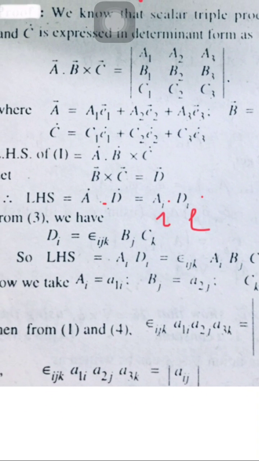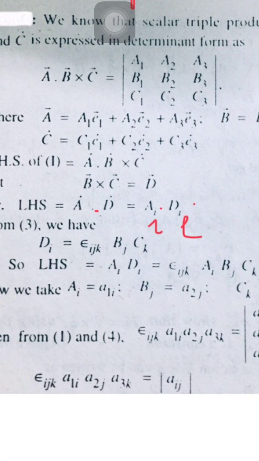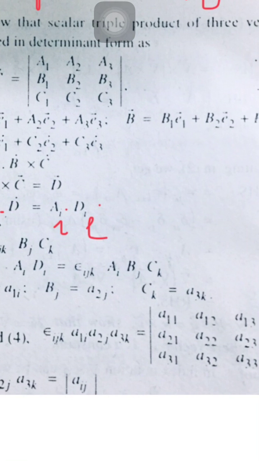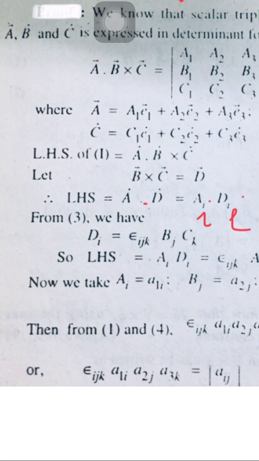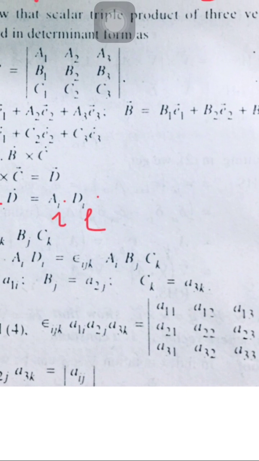Now if a_i is denoted by a_1i, b_j by a_2j, and c_k by a_3k, then from equations 1 and 4 we get the relation epsilon_ijk a_1i a_2j a_3k.